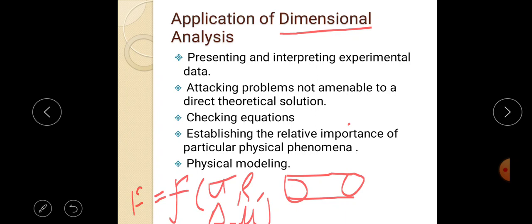However, instead of having to draw hundreds of graphs portraying its variation with all combinations of these parameters, like if we want to see the variation, then we have to plot F with u, F with rho on different graphs. But dimensional analysis will help us, as the problem can be reduced to a single dimensionless relationship.